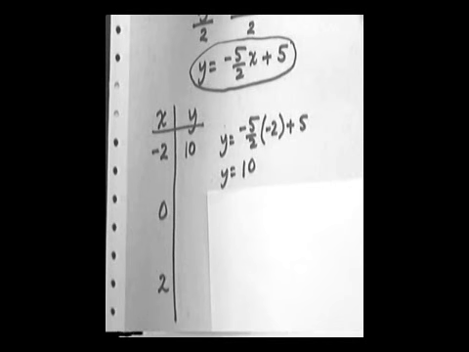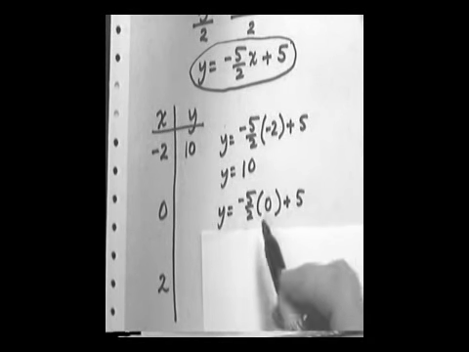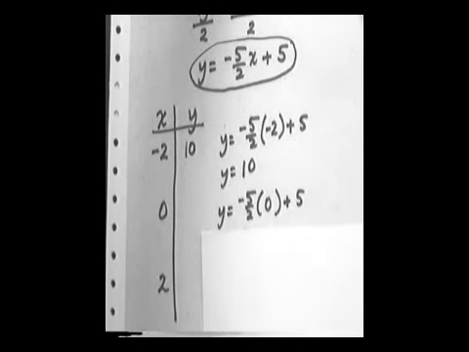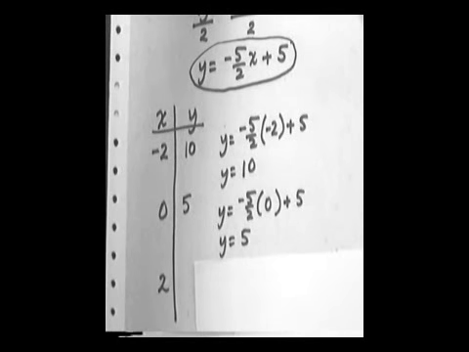We fill in 0 for x, and we get y equals -5/2 times 0 plus 5. -5/2 times 0 is 0. 0 plus 5 is 5. And so our ordered pair is 0, 5. Last, we'll fill in 2.